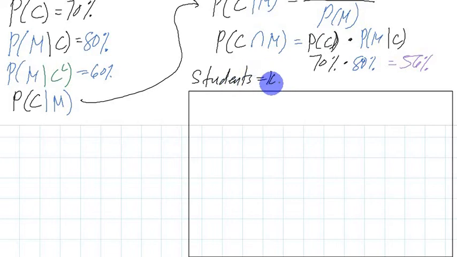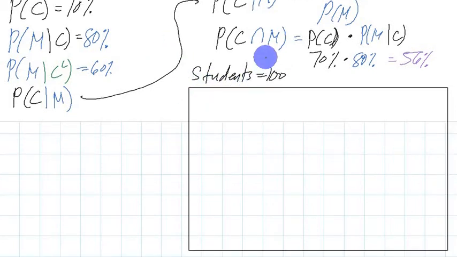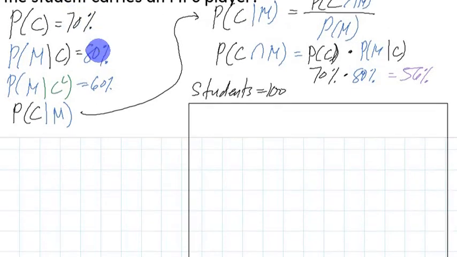This is just arbitrary because it's percentages. It's easier to imagine probabilities in percentages since we know that we have a baseline of 100. Now, we know the probability of a student having a cell phone, which is 70%.